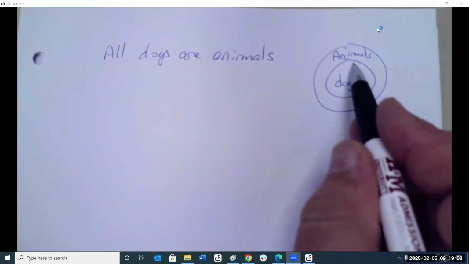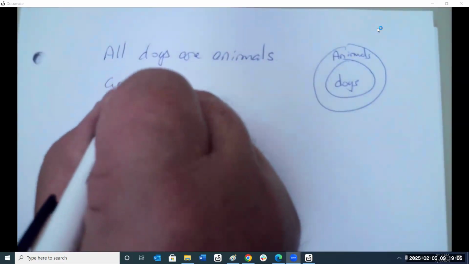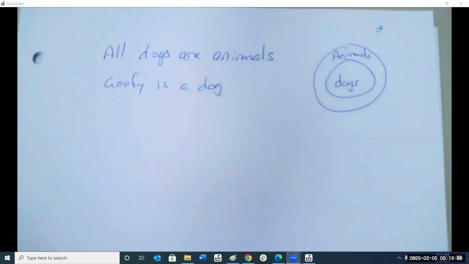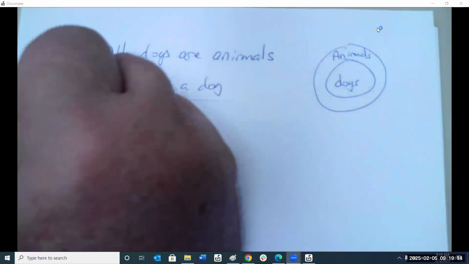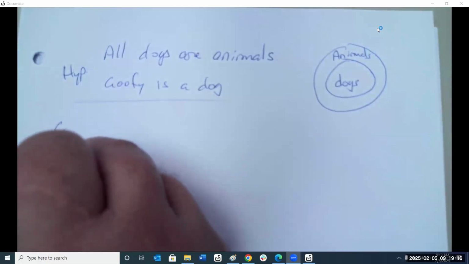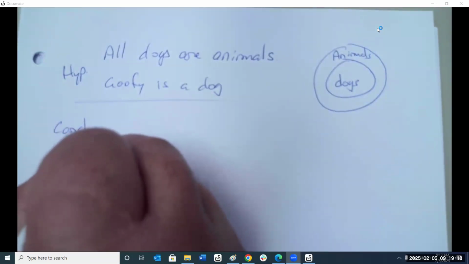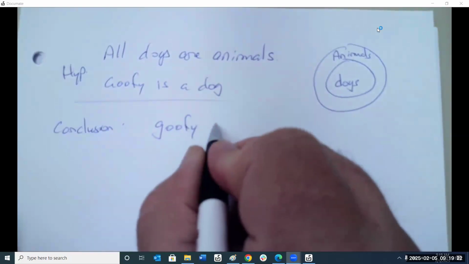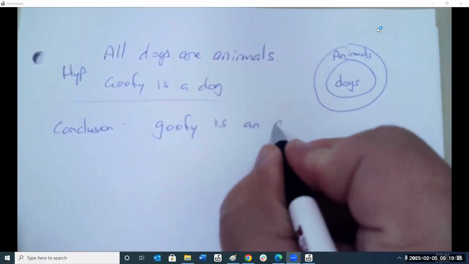That's true. So all dogs are animals. Goofy is a dog. So what can you conclude? This is my hypothesis. So my conclusion is Goofy is an animal.